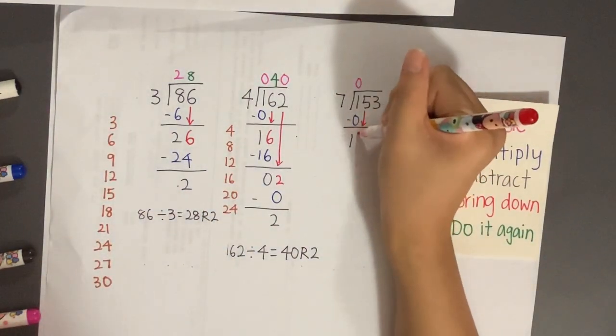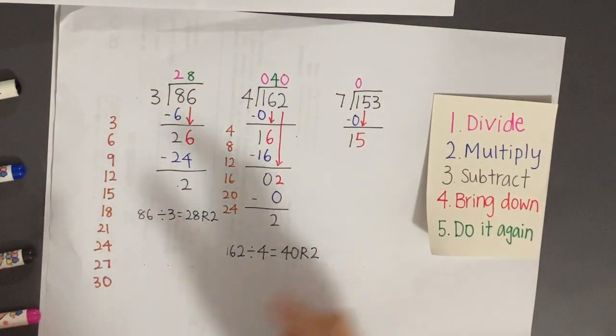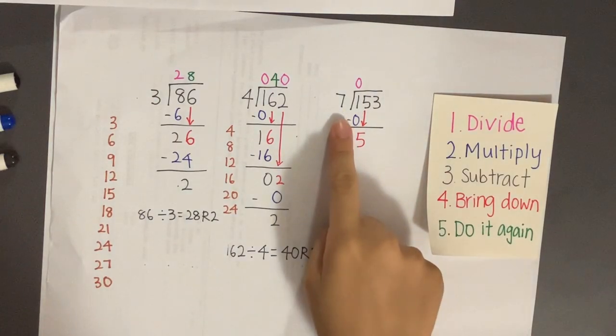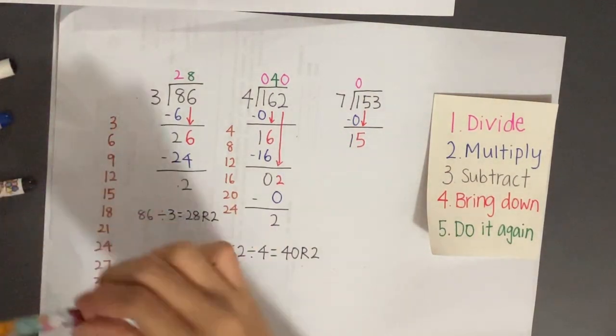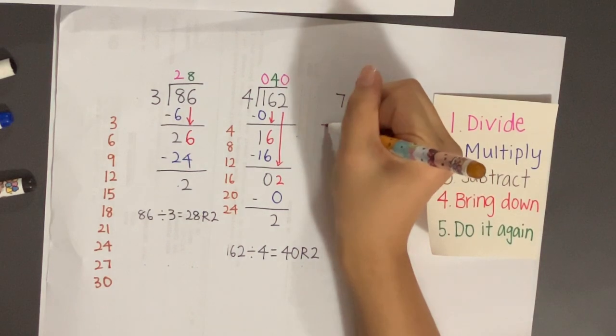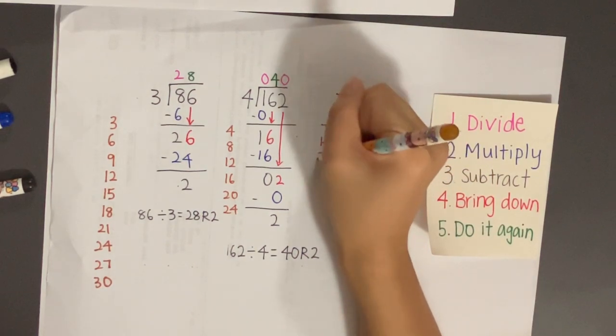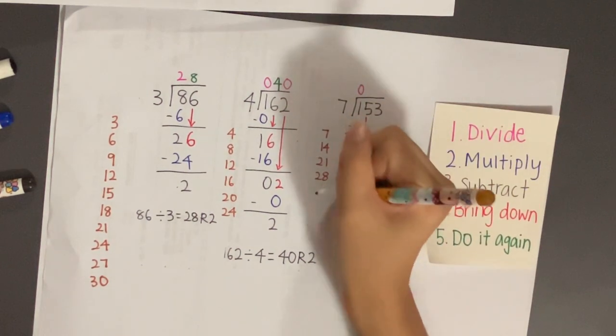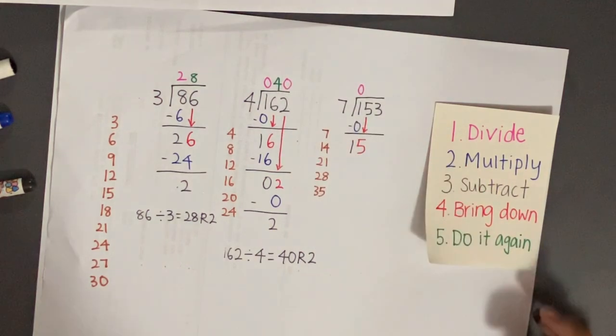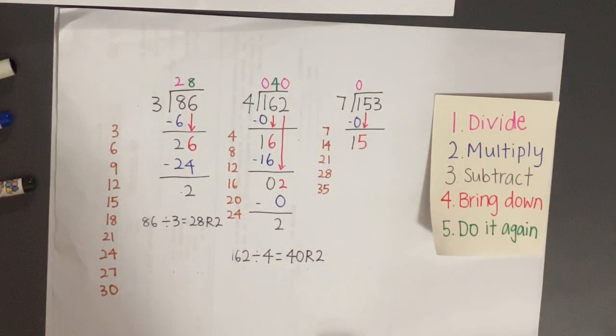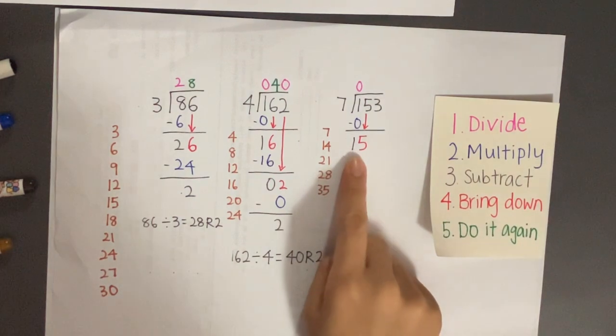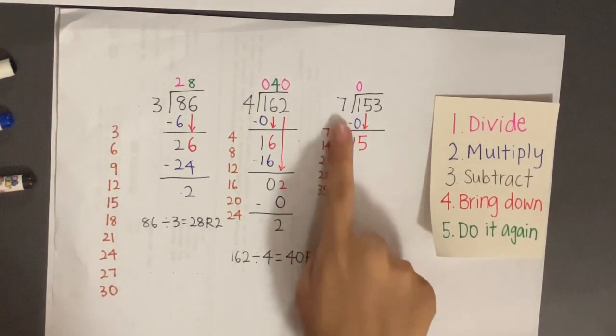Bring down the next number. Can 15 divide by 7? I'm not so sure. So let's list the multiplication tables of 7. 7, 14, 21, 28, 35.